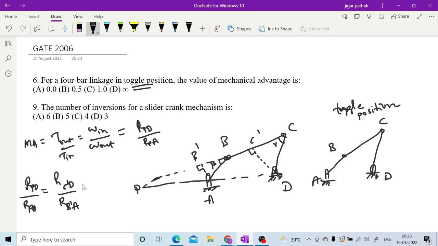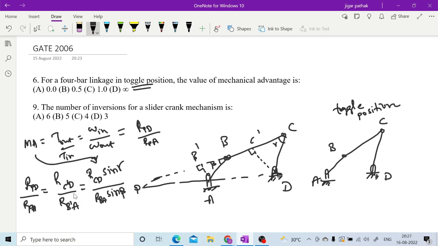So from this you can have this r_C'D is nothing but r_CD sine gamma, and r_B'A is nothing but r_BA sine beta. So now this is the equation for mechanical advantage actually for you now, right, for this mechanism.